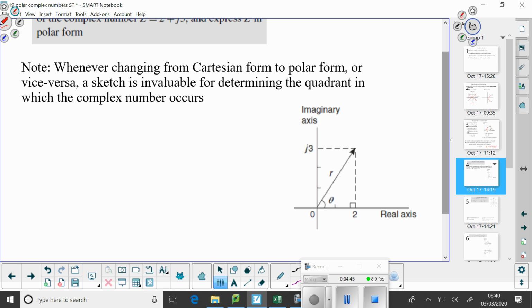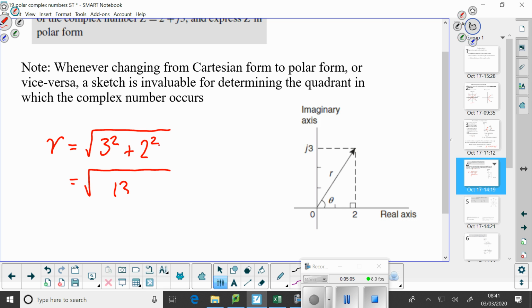So we can find r by the square root of 3 squared plus 2 squared, which is root 13, which is, check these please, 3.606 to four significant figures.